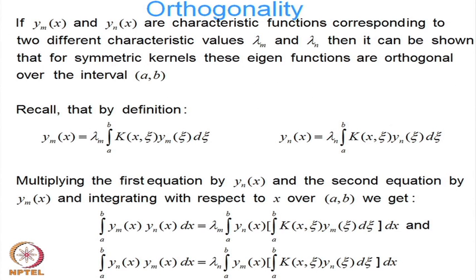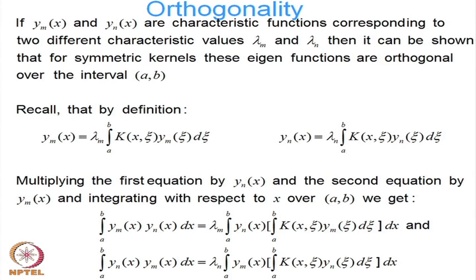And it turns out that if ym and yn are characteristic functions corresponding to two different characteristic values lambda m and lambda n, and my kernel is symmetric, then these eigenfunctions are orthogonal to each other in the interval a to b.